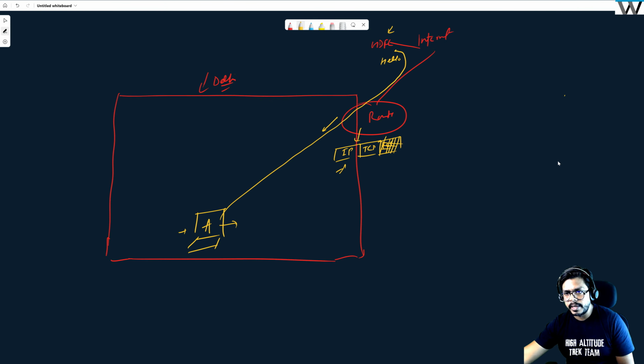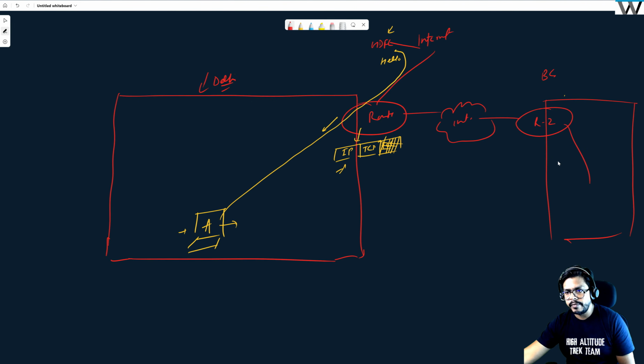if you have another branch somewhere, say in Bangalore, which you have connected through a router. We have this router, router 2 suppose, and this is again connected over the same internet.